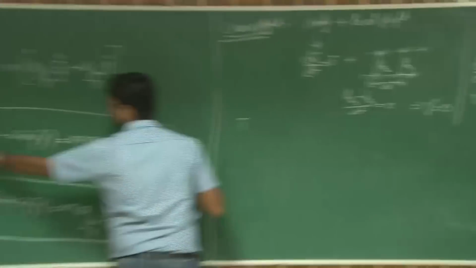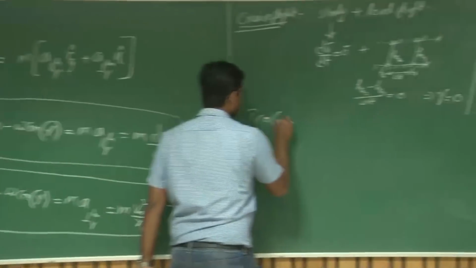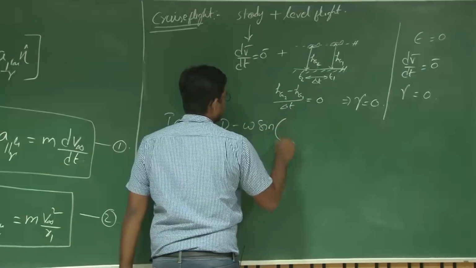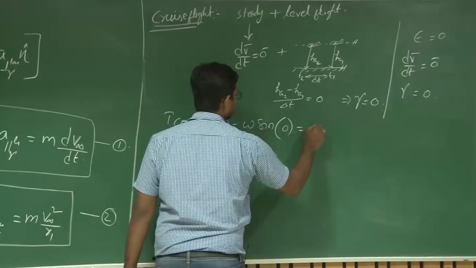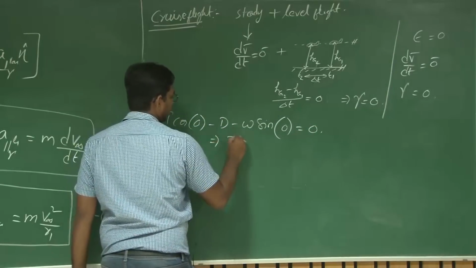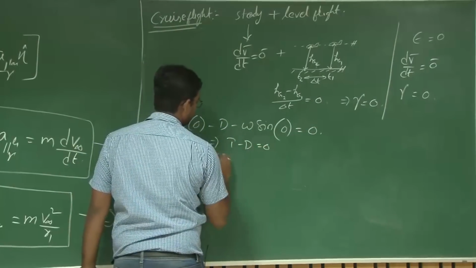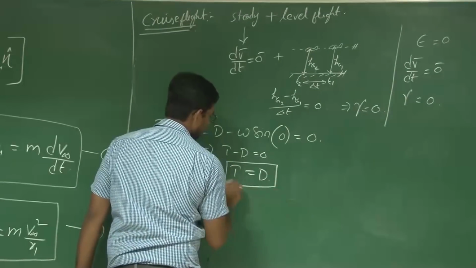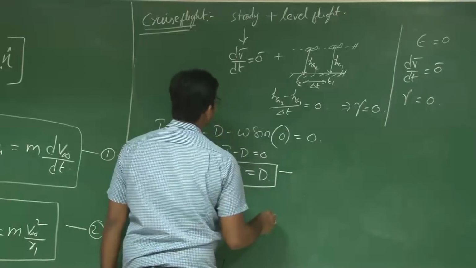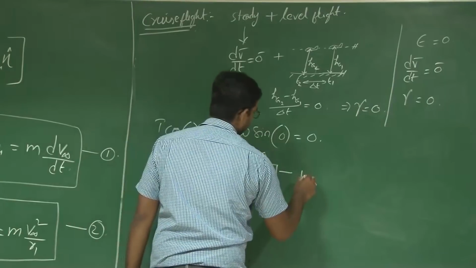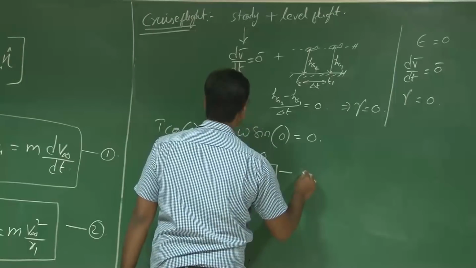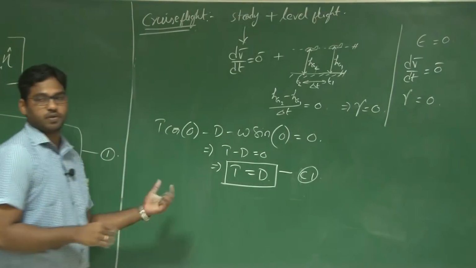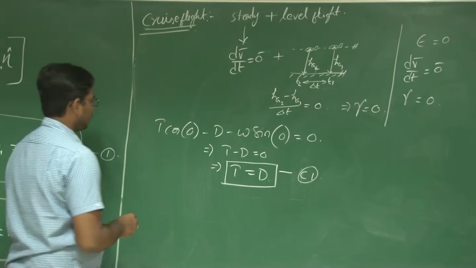So T cos 0 minus D minus W sine of gamma, where gamma is equal to 0. This implies T minus D is equal to 0, that is T is equal to D. So this is my equation C1, which is equation for cruise 1, all right.